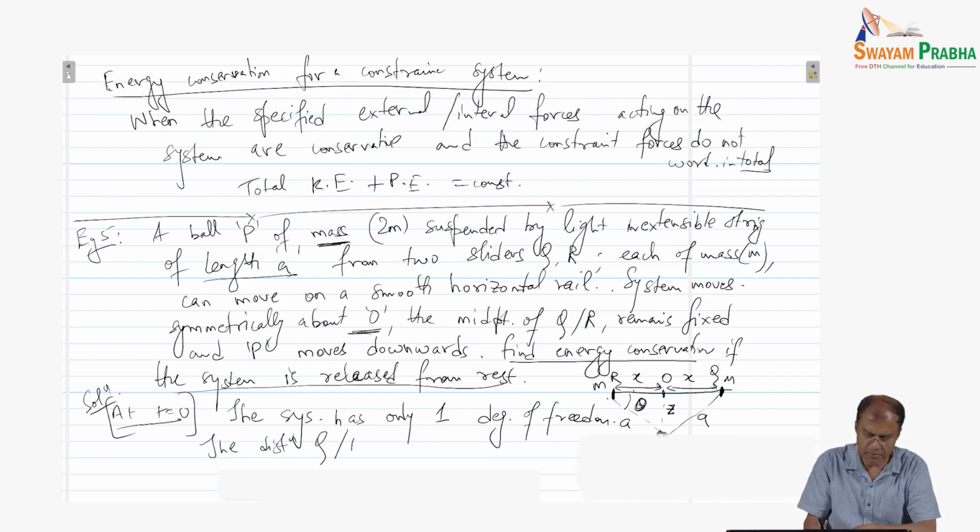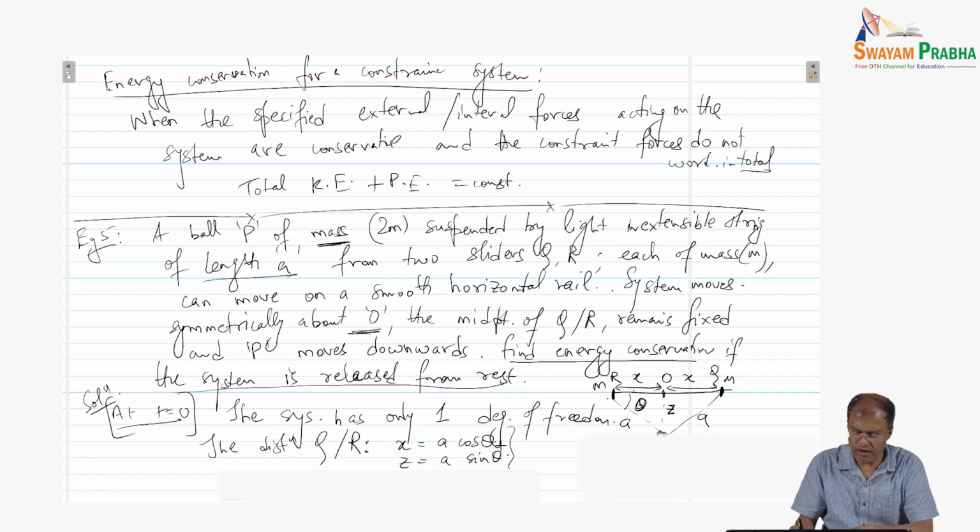Let us say the distances QP and QR are given by x, which is a cos theta, and z, which is a sin theta.